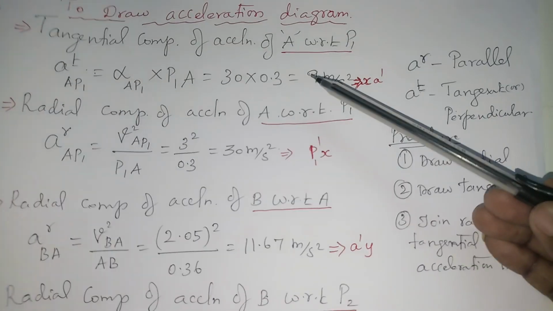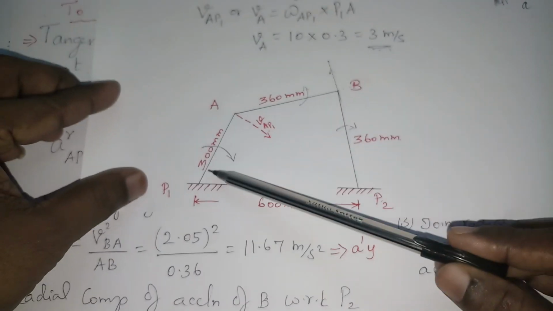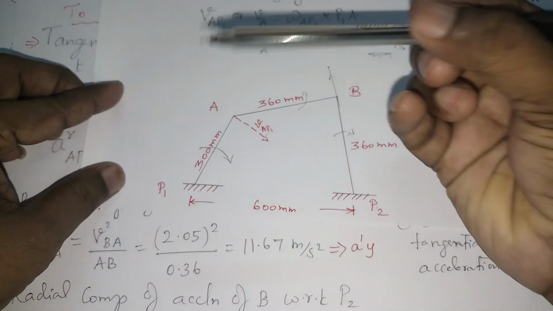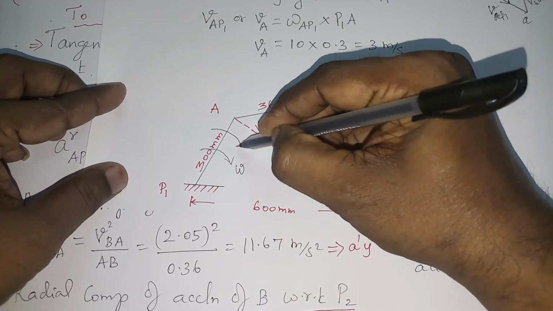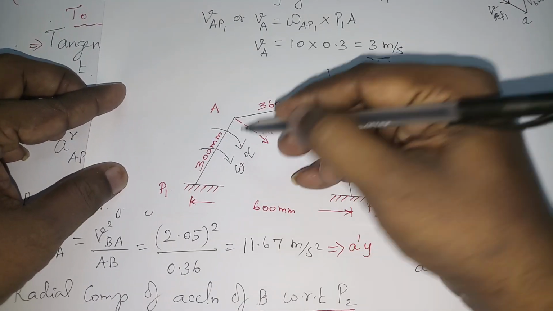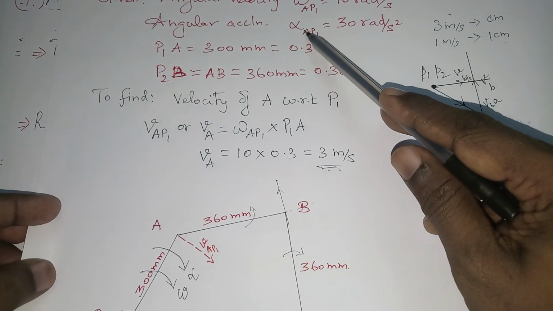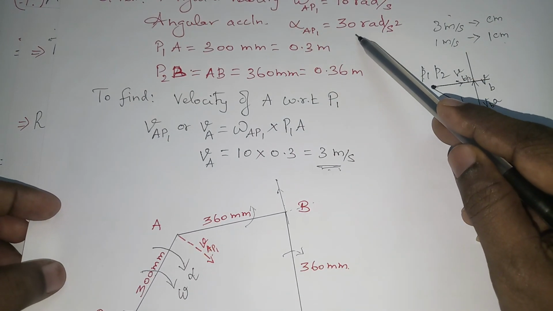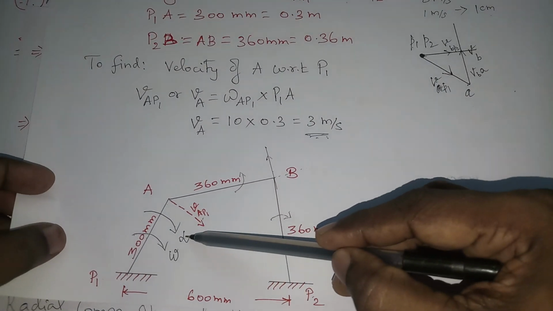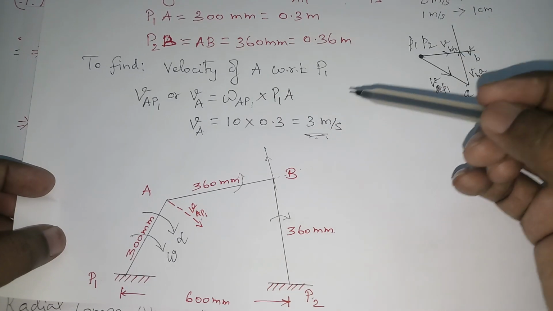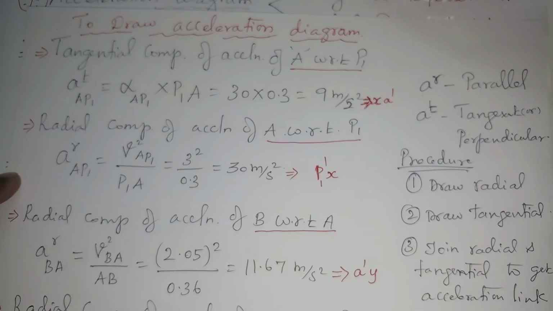If you take the first link, here this is angular velocity omega and angular acceleration alpha is given. You can see here angular acceleration alpha is 30 radians per second squared. So once you know this alpha, you have to find AT. AT is nothing but what? Tangential acceleration. Okay.